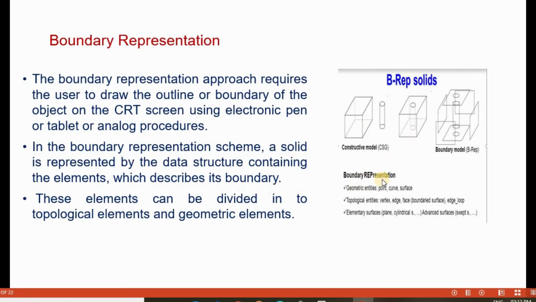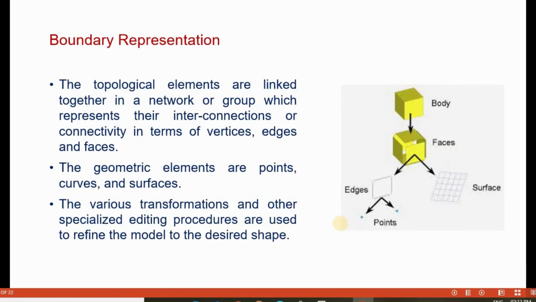The boundary representation uses geometric entities such as point, curve, surface, and topological entities such as vertex, edge, face, edge loop, and elementary surfaces such as plane, cylindrical, and so on. These elements divide into topological elements as well as geometrical elements. The topological elements are linked together in a network or group.